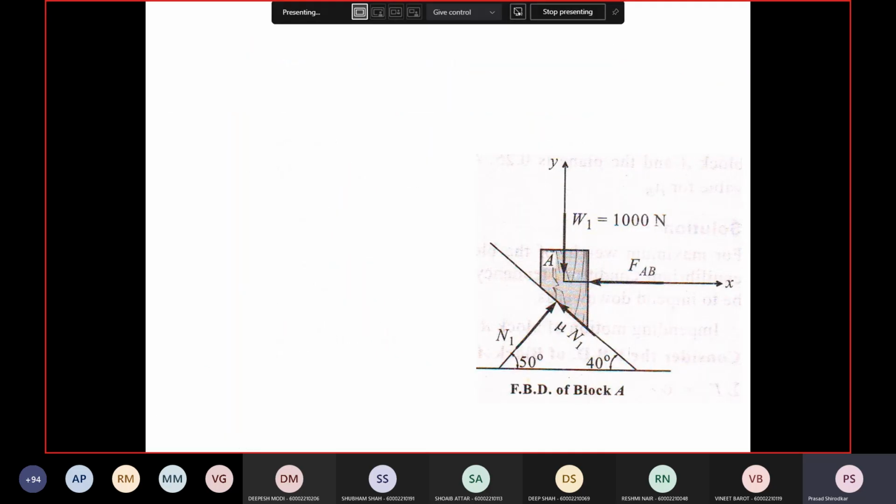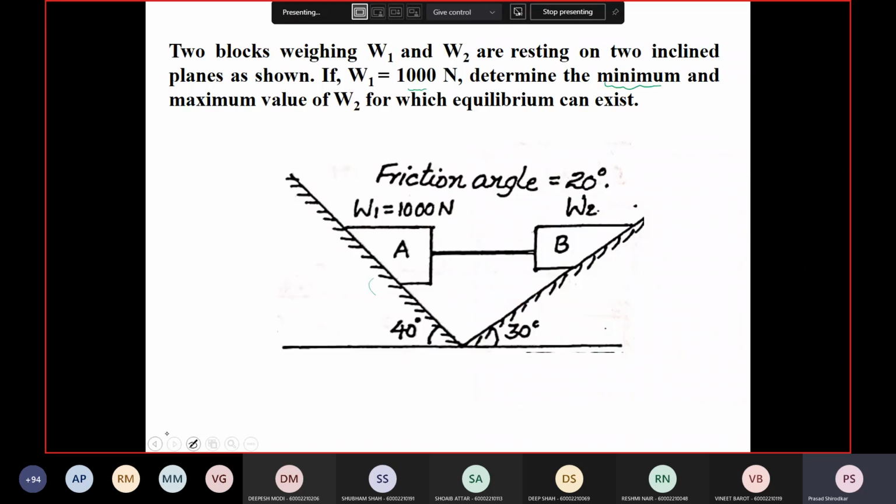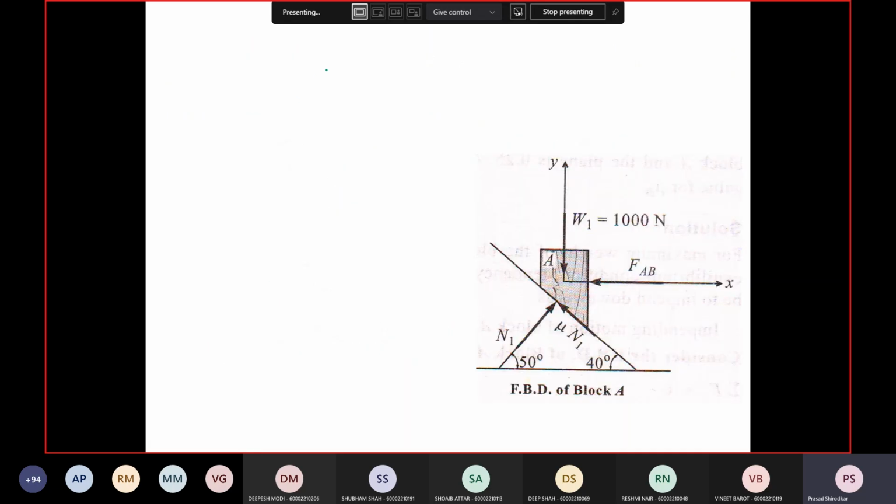Okay, friction angle is given as 20 degrees. So let's do the first case. First case, draw the free body diagram.